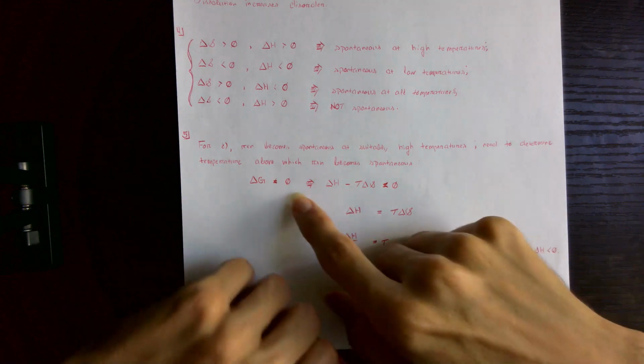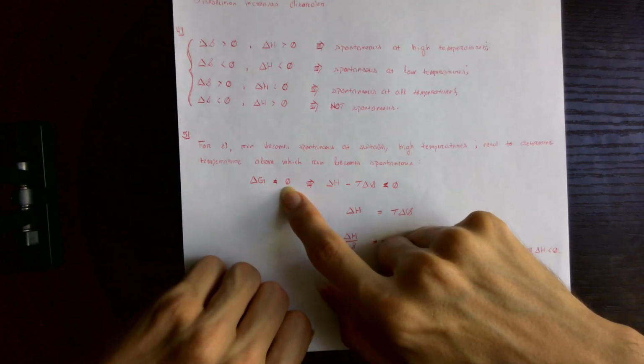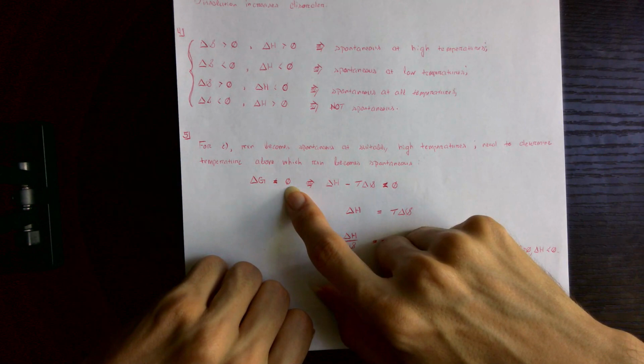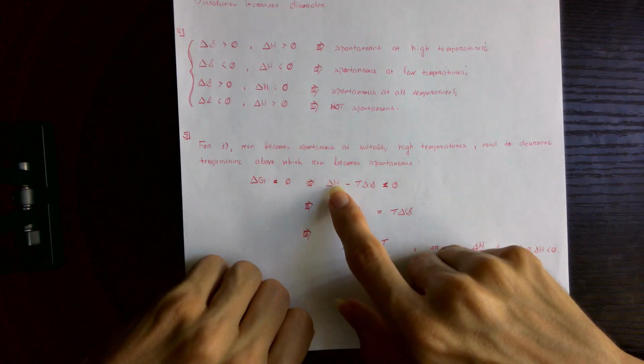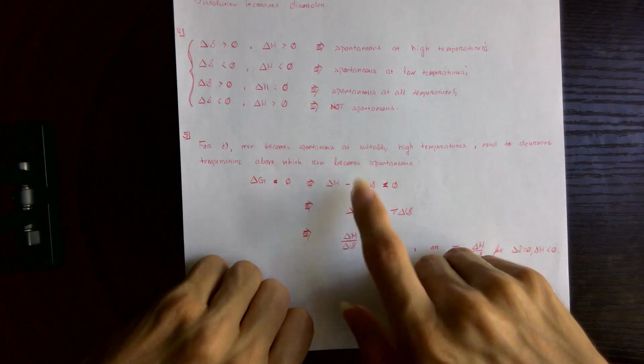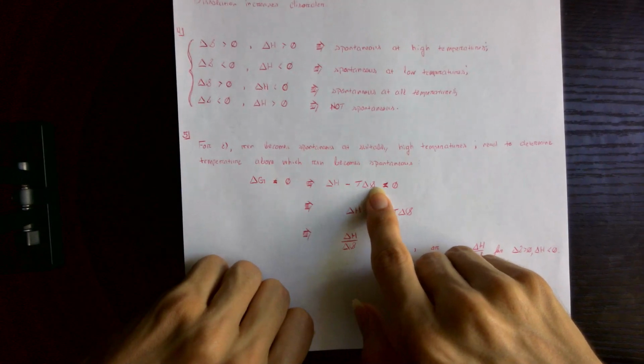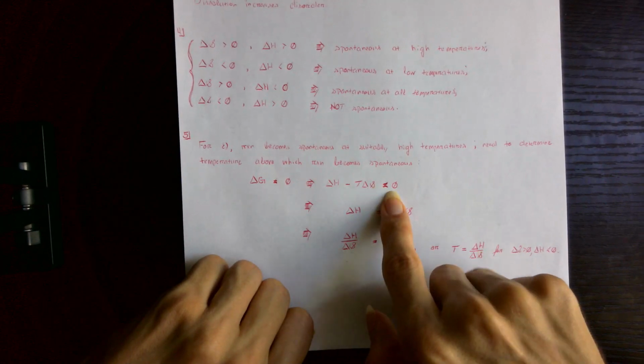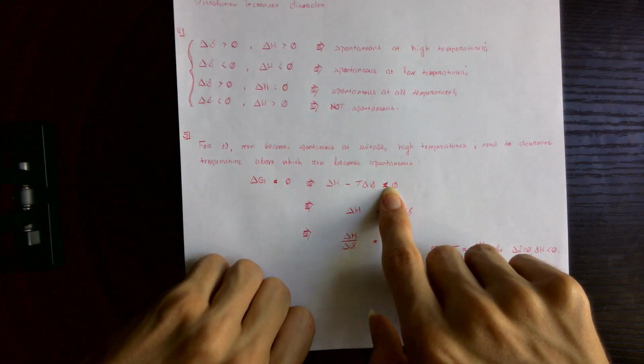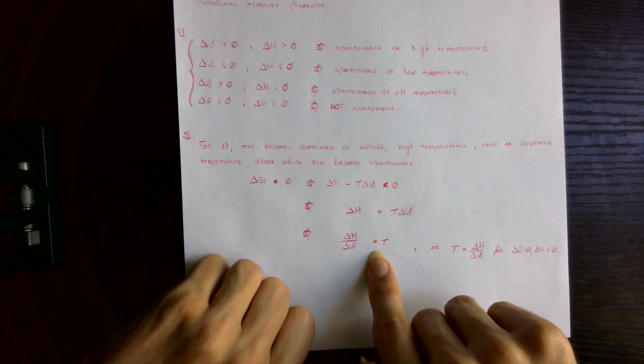That's what I've tried to illustrate here. So if you set delta G equal to 0 and use the equation for delta G, delta H minus T delta S equals 0, you can solve this equation for T.